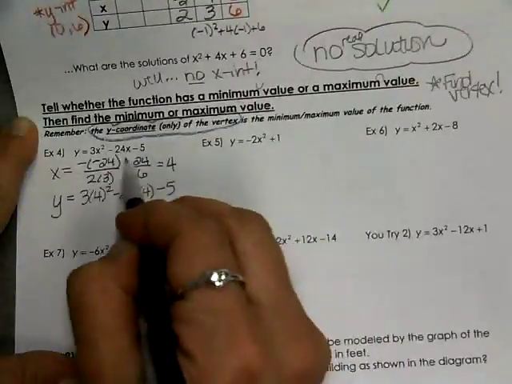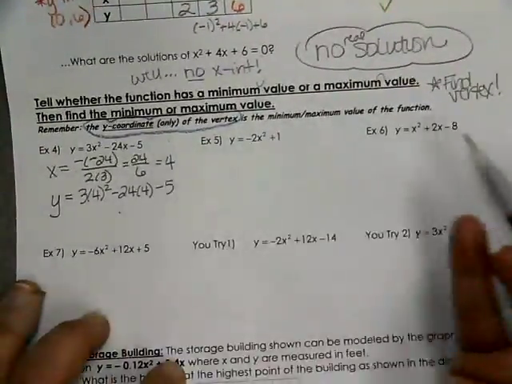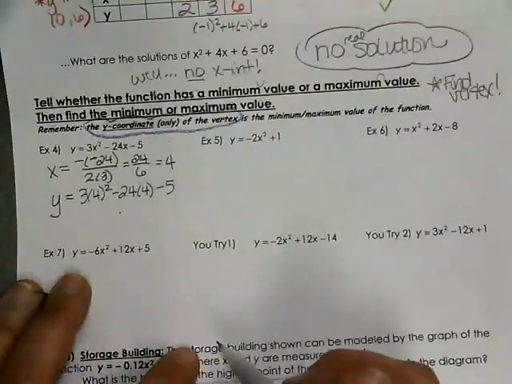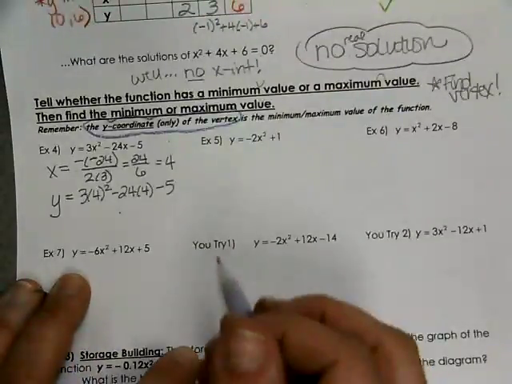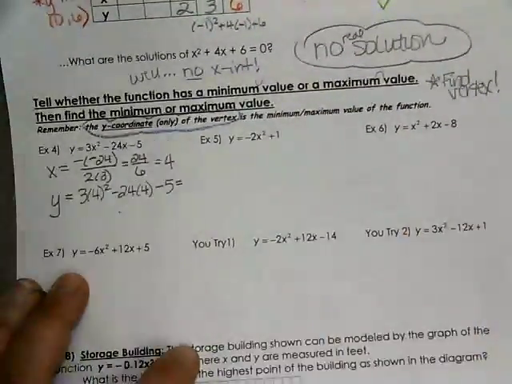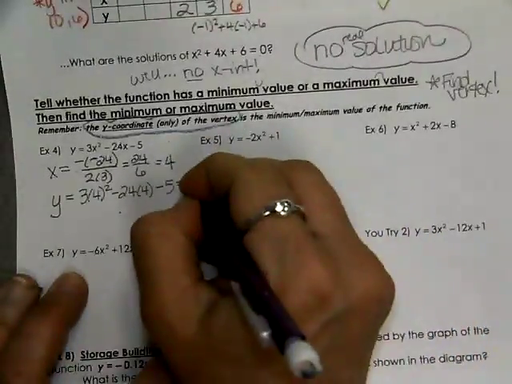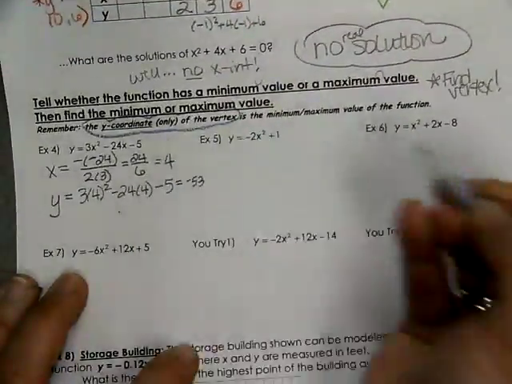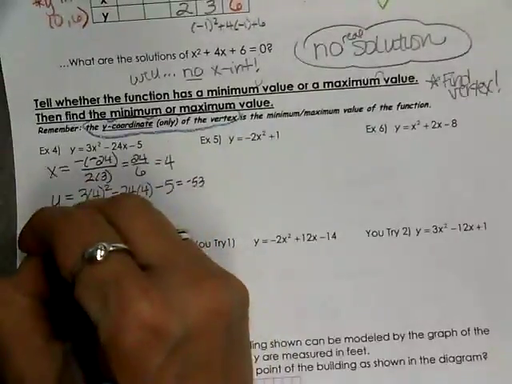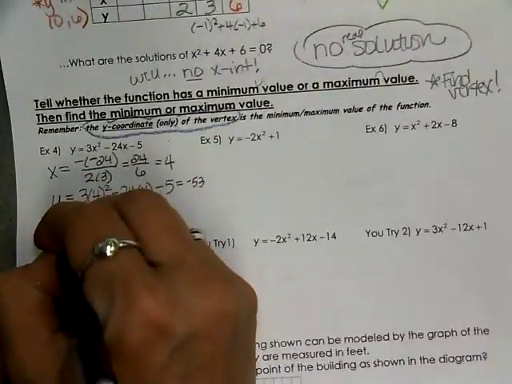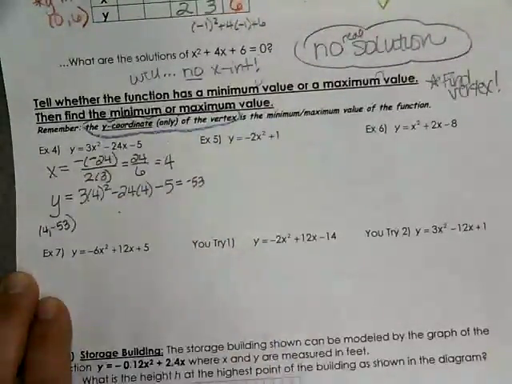Again, we just put 4 in place of x to find the y coordinate of the vertex. Put that right in the calculator, and you get negative 53. So the vertex is at 4, negative 53.